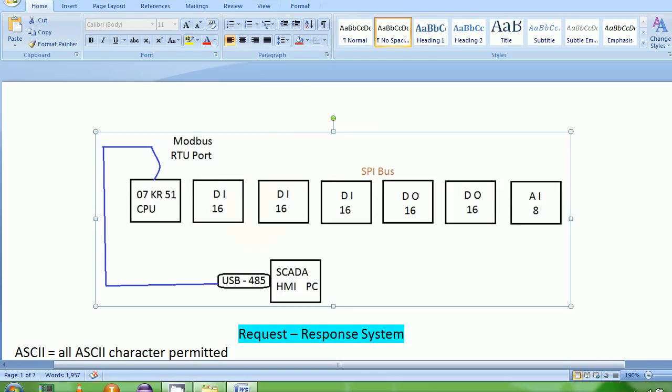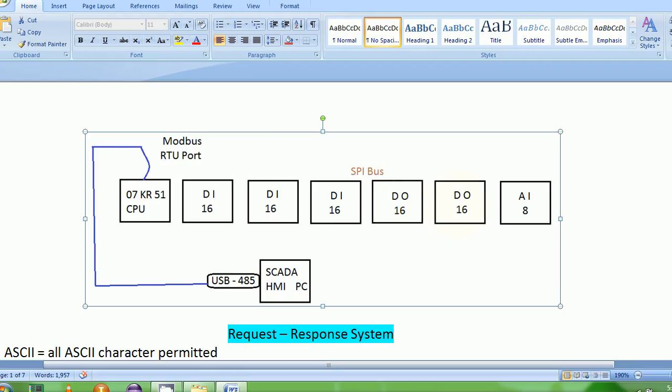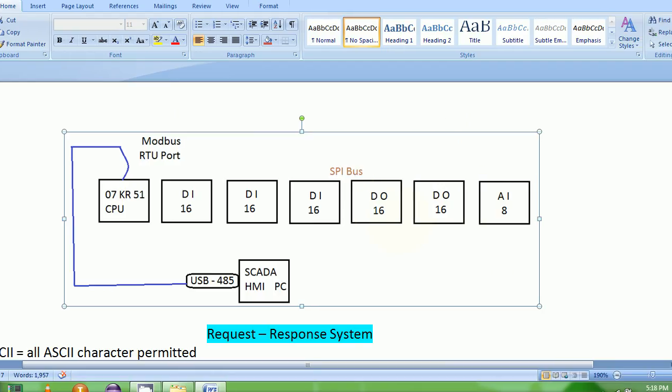It also has some digital inputs and outputs on the CPU itself. Then there are two modules for digital output, both 16 channel ones.